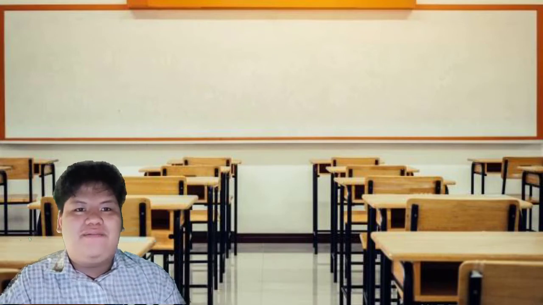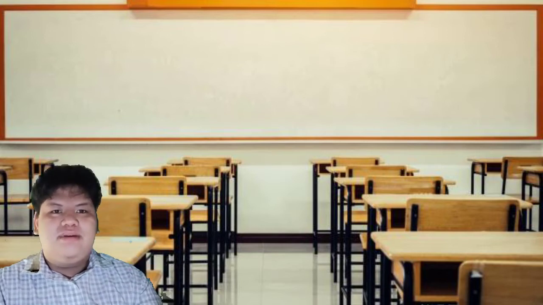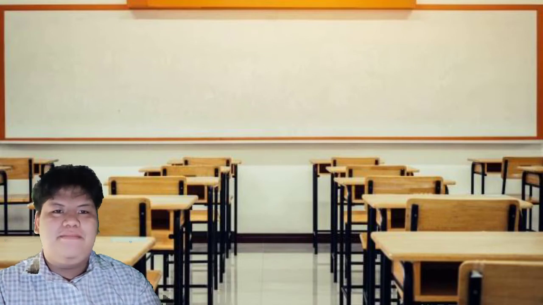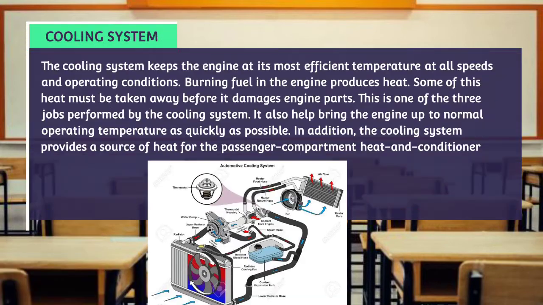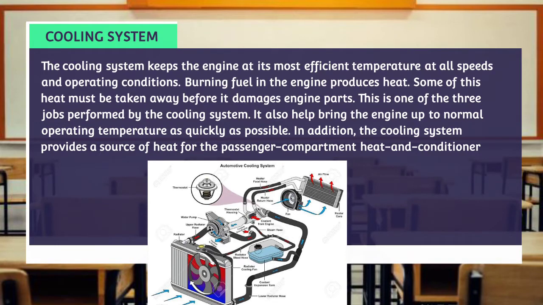Moving forward to our discussion, let us proceed to define what is cooling system. Mr. De Torres, kindly read the definition of cooling system. Cooling system. The cooling system keeps the engine at its most efficient temperature at all speeds and operating conditions.